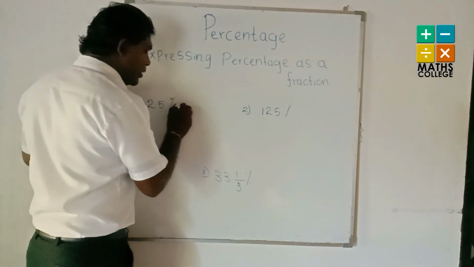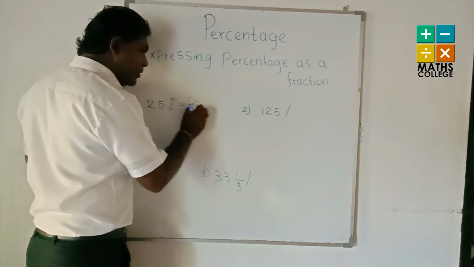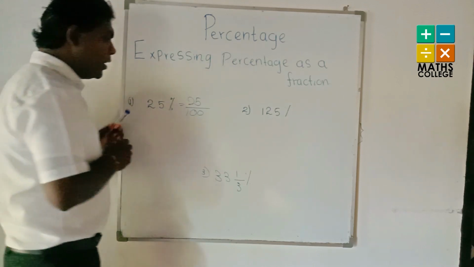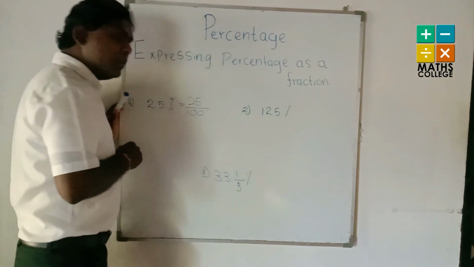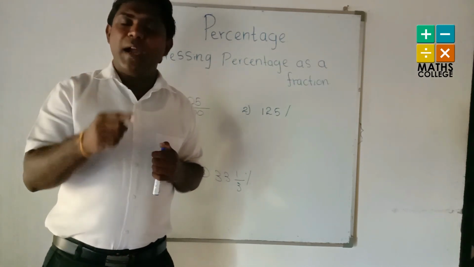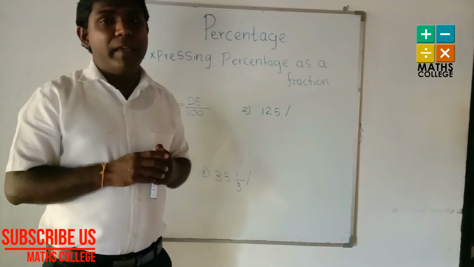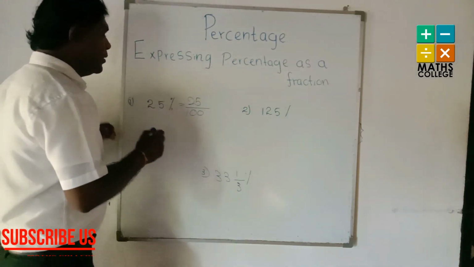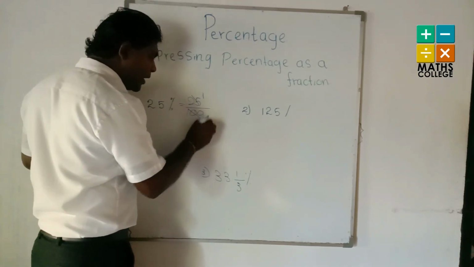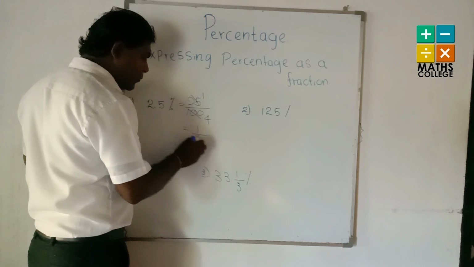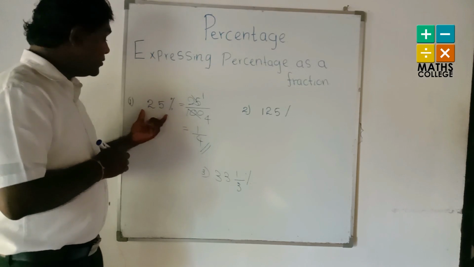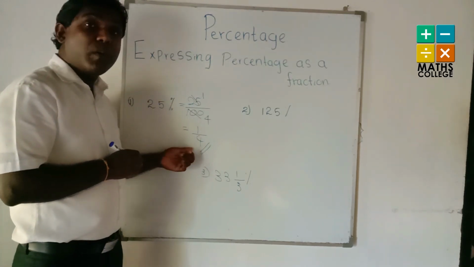That means this 25 percentage we can write 25 upon 100. 25 and 100, what is the common factor? 25 and 100 divisible by 25. 25 is 1 time 25, 100 is 4 times 25, so 1 upon 4 is the answer. This 25% as a fraction is 1/4.